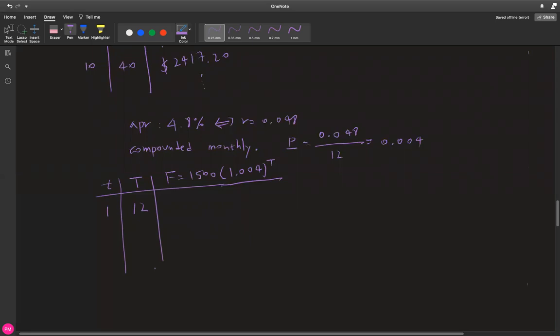And by plugging in here, you should find that it's 1,573.61.